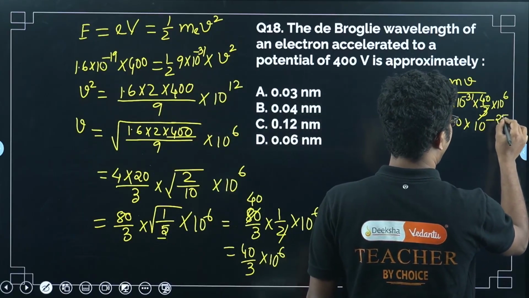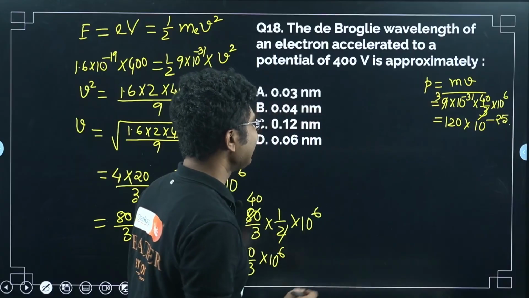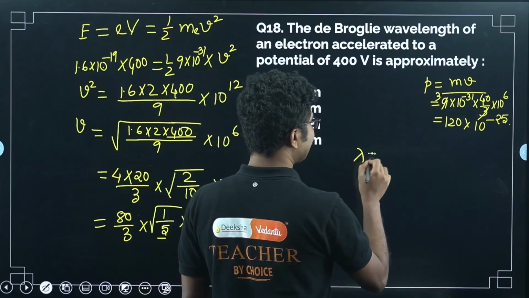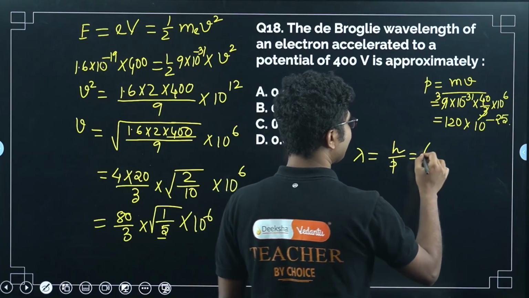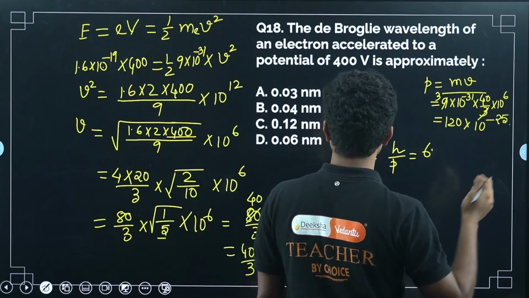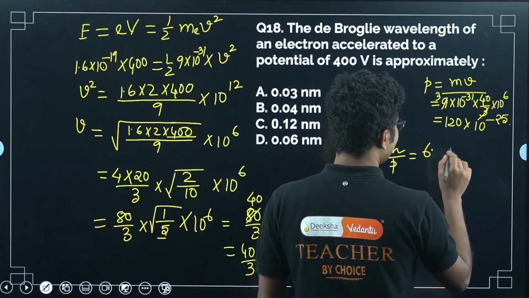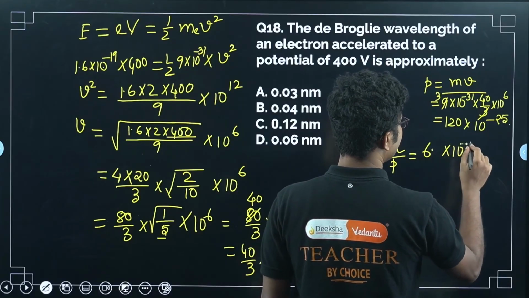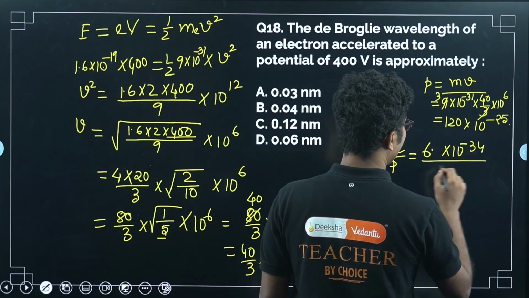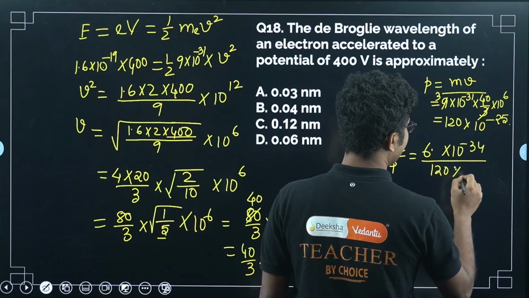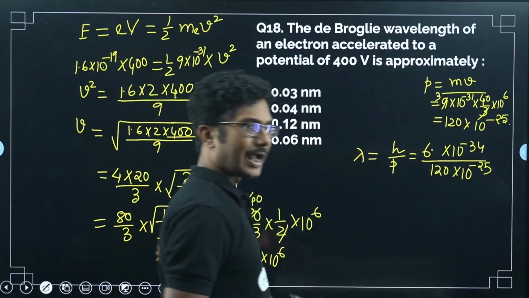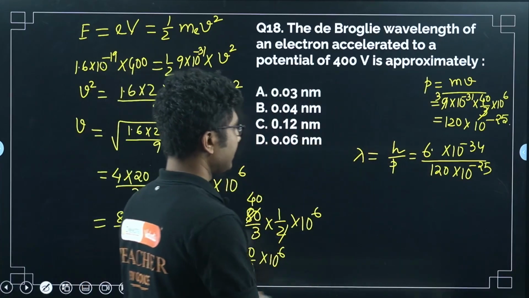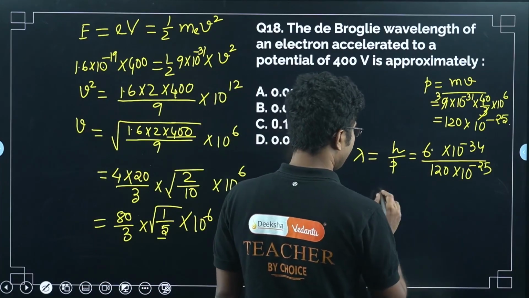Okay, so now what is the wavelength? Wavelength is nothing but h by p. Again h is 6 point, so for now assume it is 6 only. So 6 times 10 to the power of minus 34, times 120 times 10 to the power of minus 25. Because there is 120 here, I am assuming it to be 0.6. Okay, so 0.6 only.